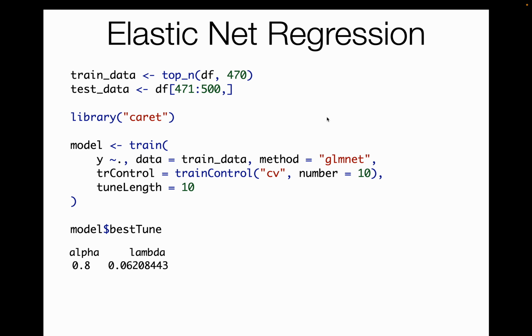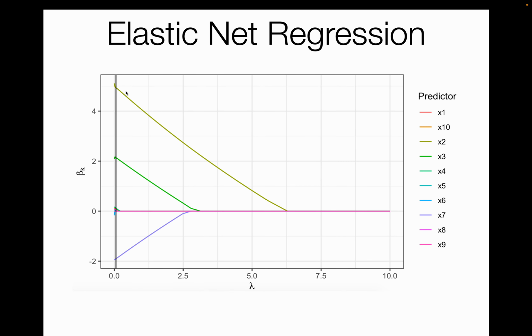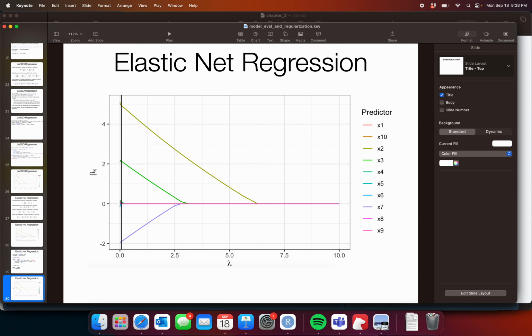This is using a package called Caret, which was a precursor to tidymodels. The same person who made Caret also made tidymodels. It gives you the best alpha and lambda values, and that's where you would actually cut it. Notice not very far at all into these lambda values, into the penalties, but it gives you something. And so that's the end of model evaluation and regularization.